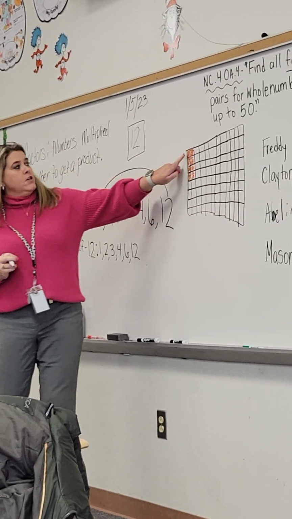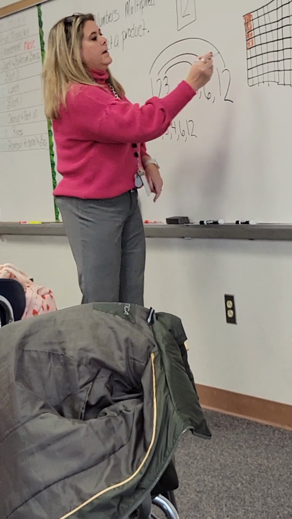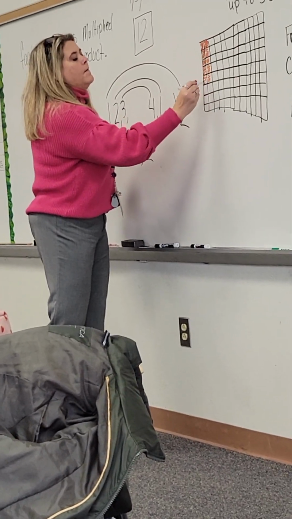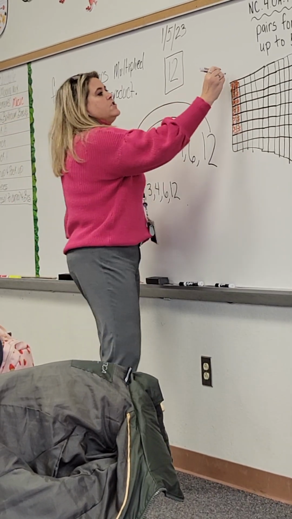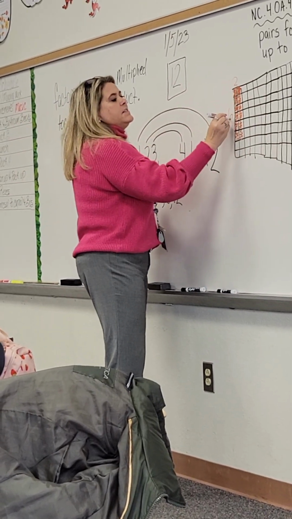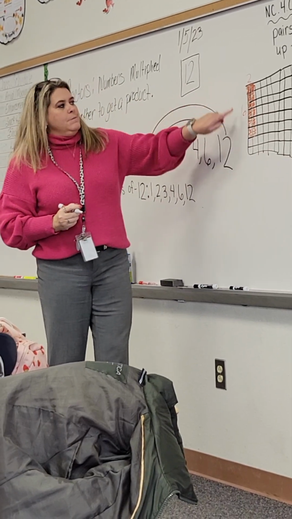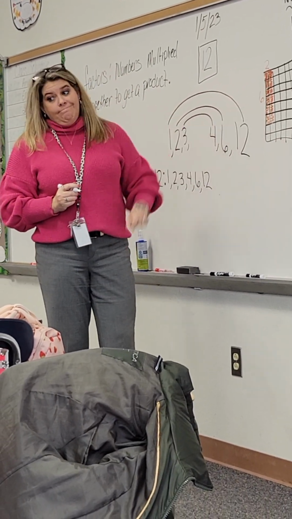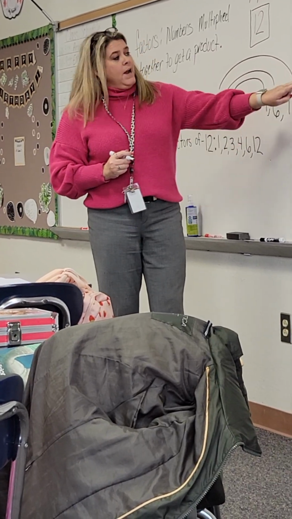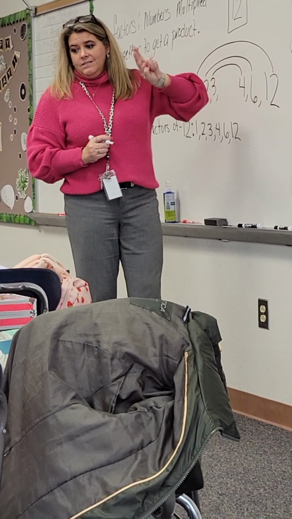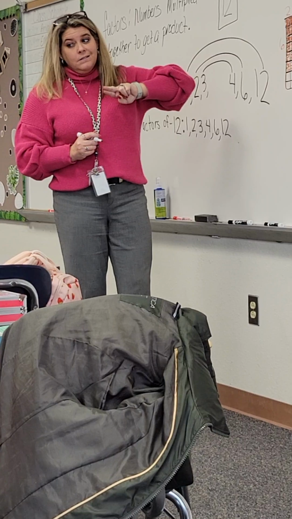So this is 2 and 6. What does 2 times 6 give me? 2 across, 6 down. This is an array. 2 and 6. Can y'all do array?